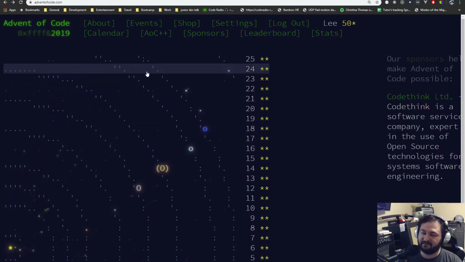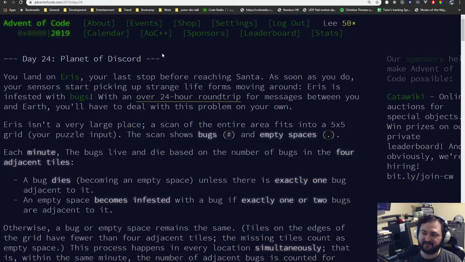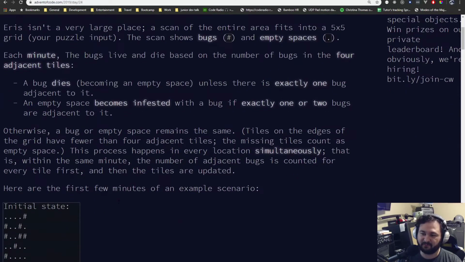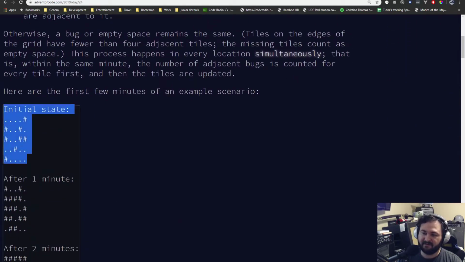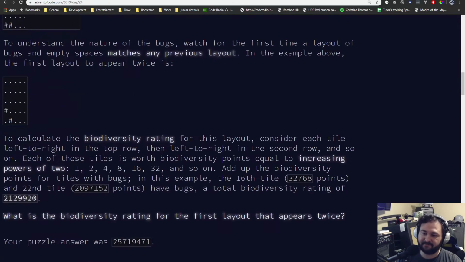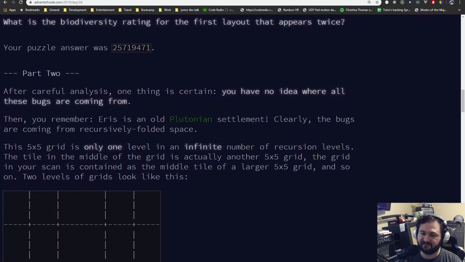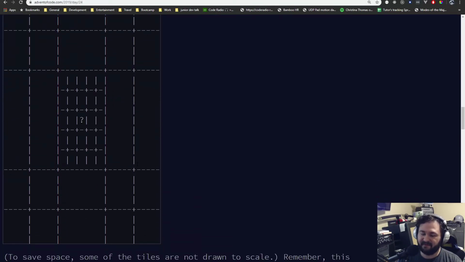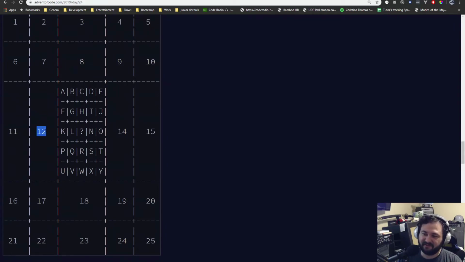And then the last one, Planet of Discord, was the last one that we actually had to apply real programming toward, doing recursive calculations of bugs in this grid. That one was super fun. Not because doing recursion itself is fun, but because thinking about the logic of how that looks at all these spaces, and then this space looks at another grid inside that has all those spaces.